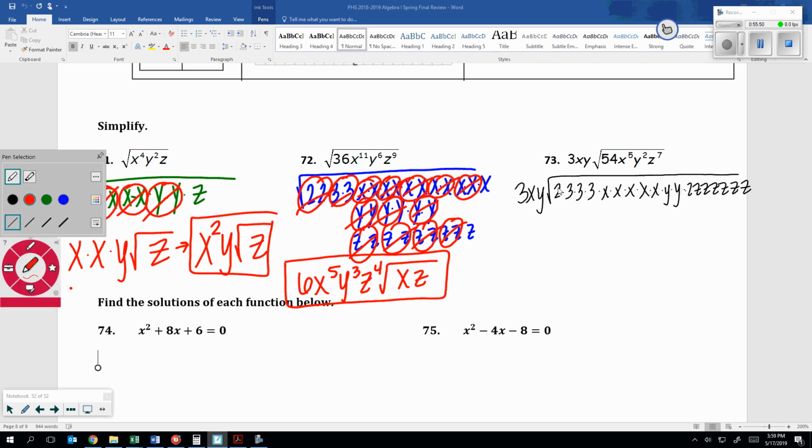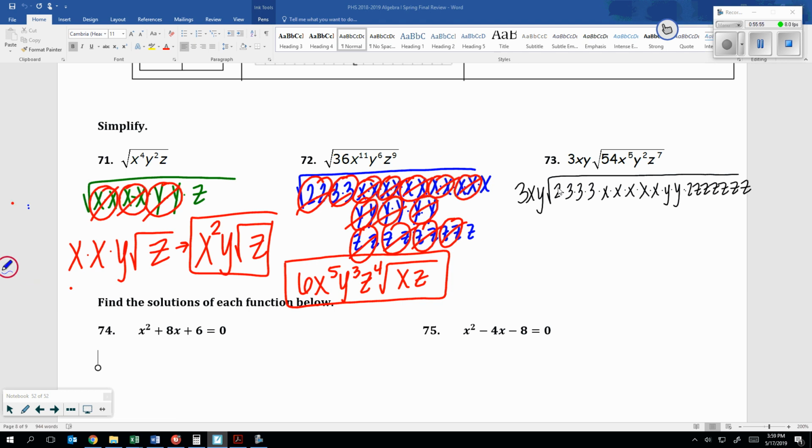Now the only thing with this one is now I also have the numbers outside. So I have a pair of 3s, I have x's, y, z, z. So I'm going to plot a 3 outside. Well, now I have 3 times 3, which is 9. I have 2 x's, but now I have another x, so I have 3 x's.